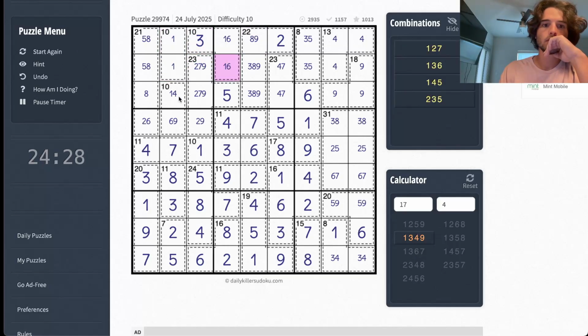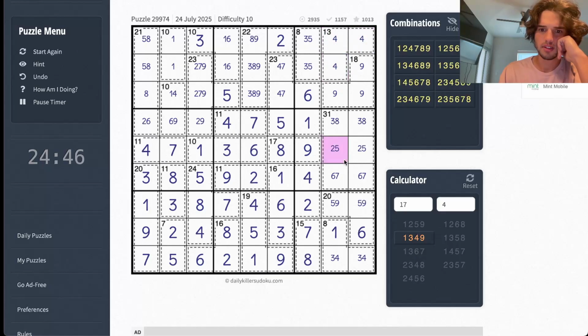1's, no wait, 1's can still go down there. I haven't pencil marked that fully. Where do your 1's go here? What did we have at the beginning? 1, 8 or 2, 7. So it would have to be 1 and 8 or 2 and 7 there.